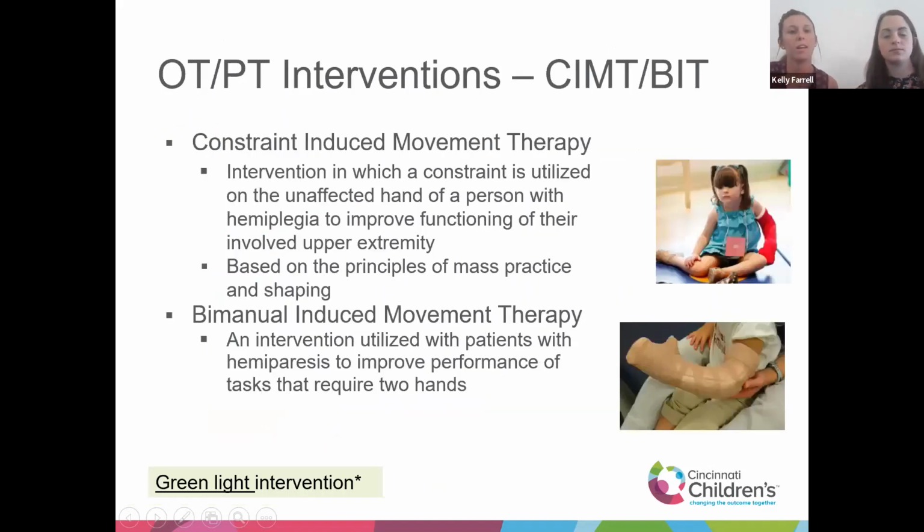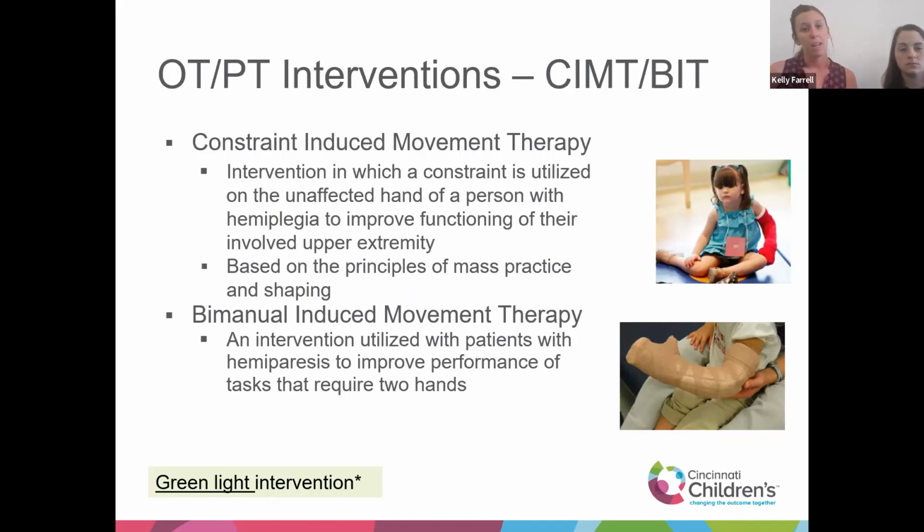All right, and then moving on to CIMT and BIMT, which the video quickly highlighted. CIMT stands for Constraint-Induced Movement Therapy. And again, it's an intervention in which we're going to constrain the unaffected hand and then really hit that affected hand. So let's say they're weak on the left side.